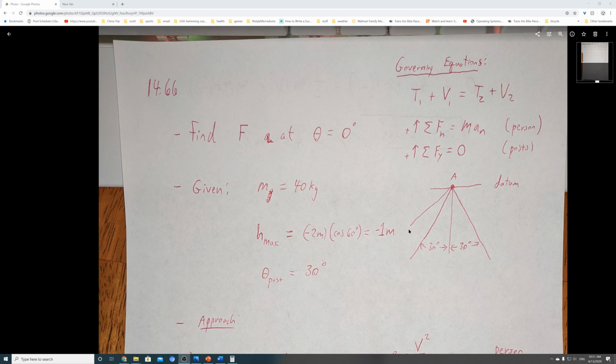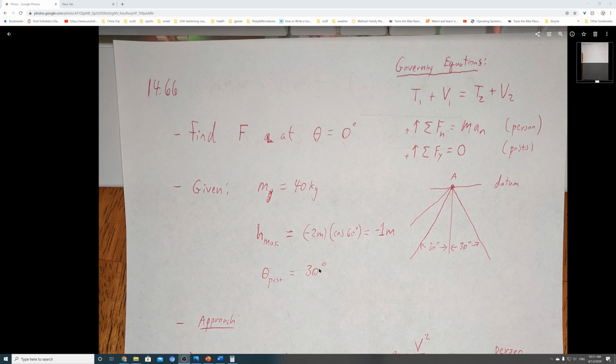Since we defined point A as our datum point, the distance will be 1 meter down from it. So the maximum height is actually 1 meter down from A. I'll put that in here: H max is minus 1 meter.